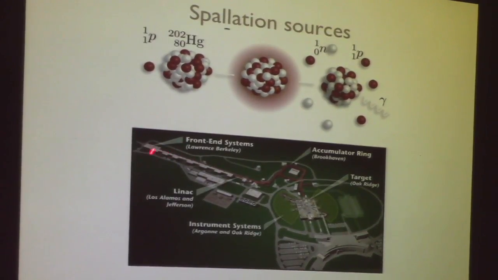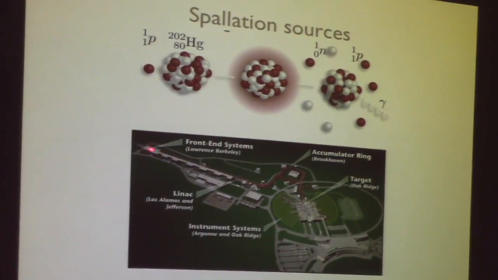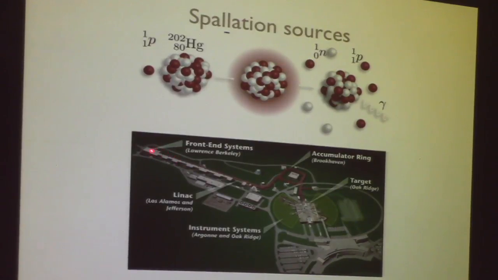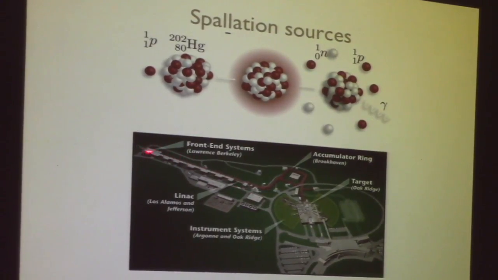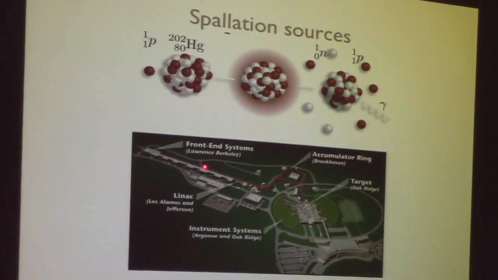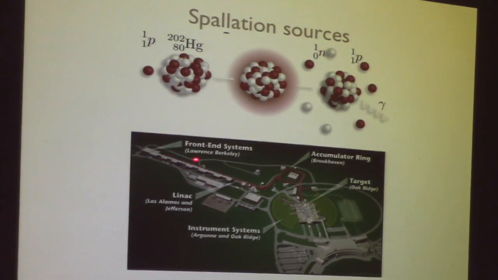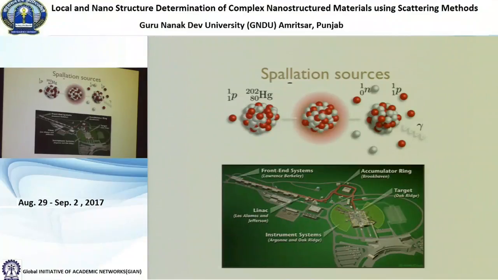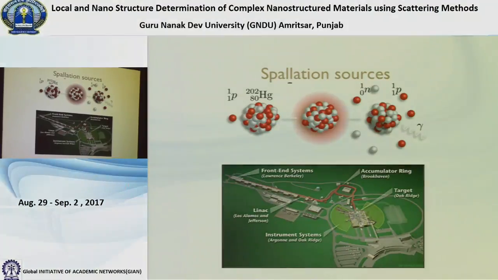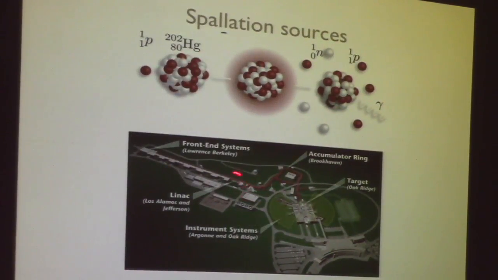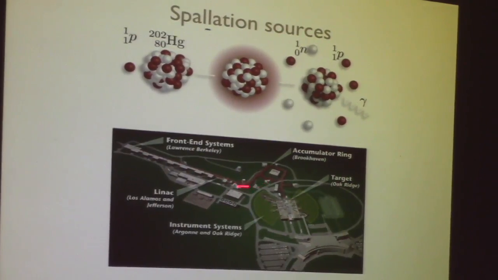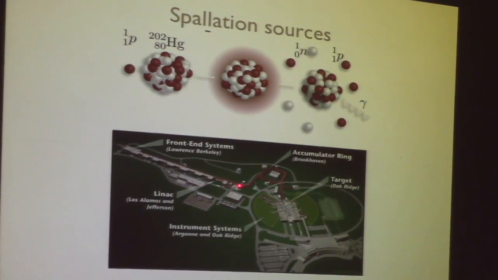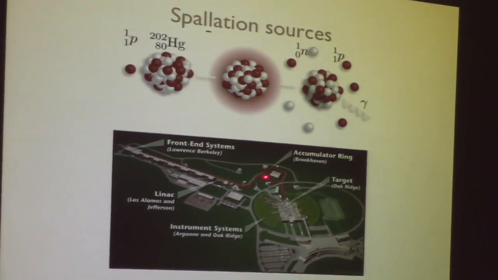So you need a very high energy linear accelerator, which is accelerating protons. This is the linear accelerator at SNS, I guess. It's maybe 0.5 kilometer long or maybe longer. The protons are accelerated up to high energy, and then they get accumulated in this ring.